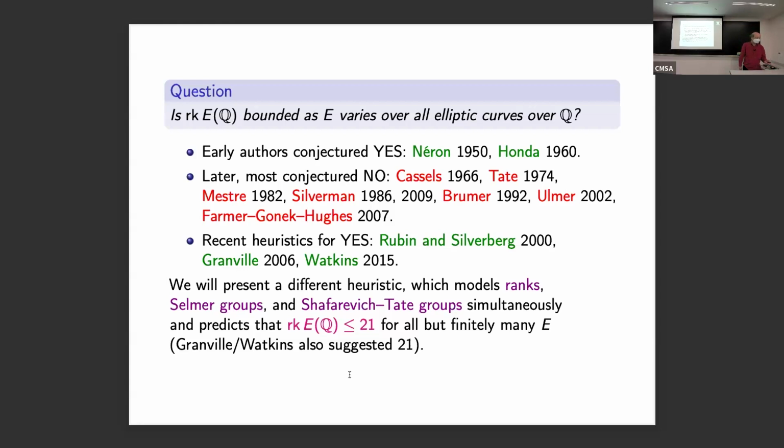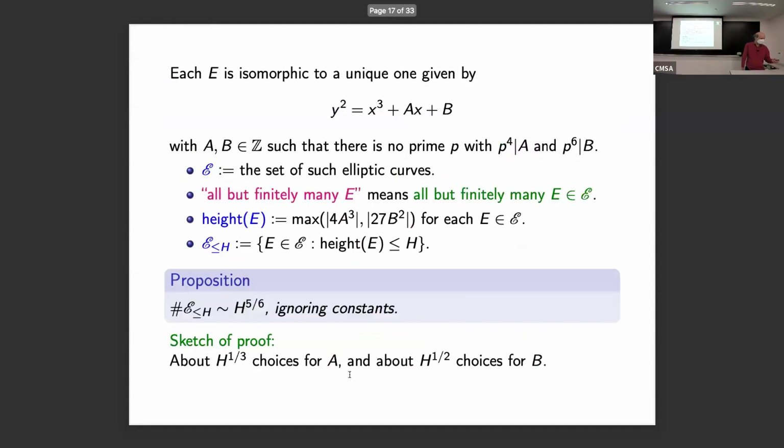And it's good that our model allows for finitely many exceptions, because we already know that there are some exceptions going up to rank 29. So, in order to explain this, I'll have to say some more things about elliptic curves, and in particular, I'm going to have to tell you about Selmer groups.